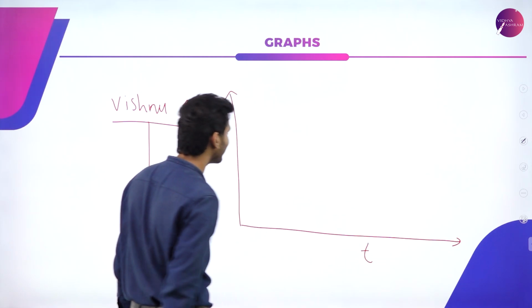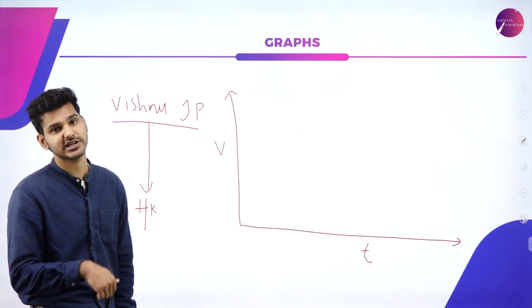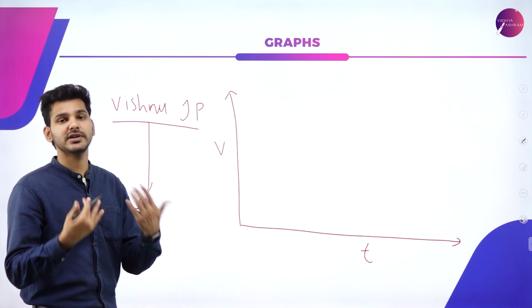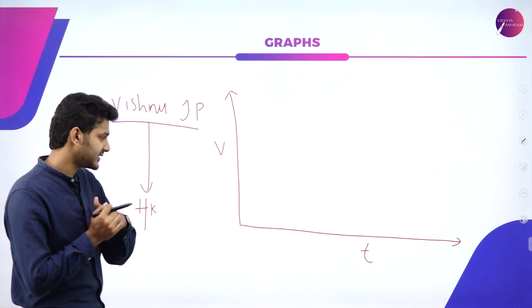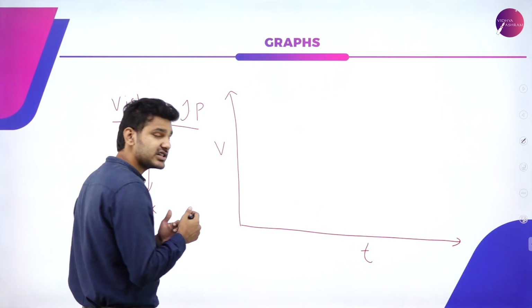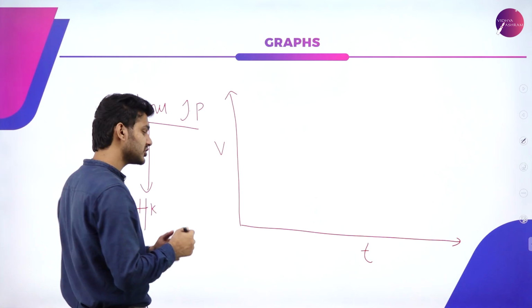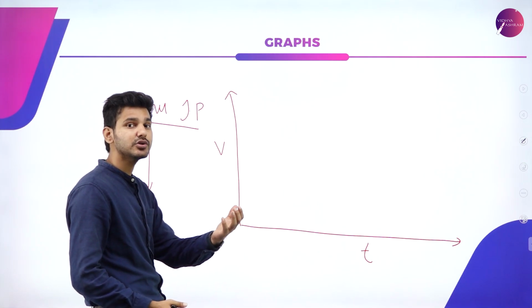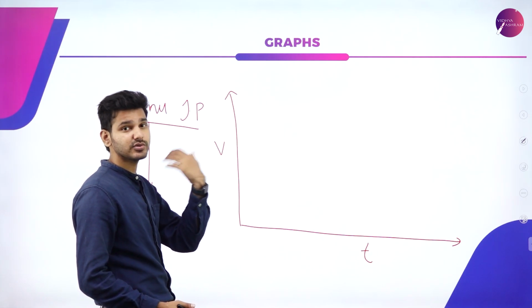So I have a velocity time graph like this, and I'm going to plot his journey. I'm going to make it a bit easier for you. I observed his motion just when he started from his house. He started his car, went onto the highway, and started accelerating towards me.